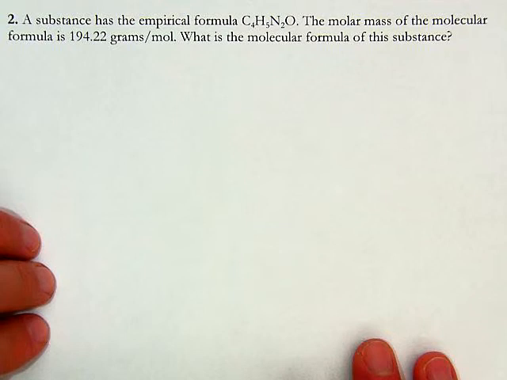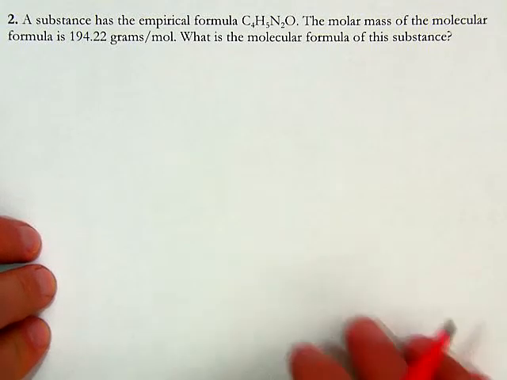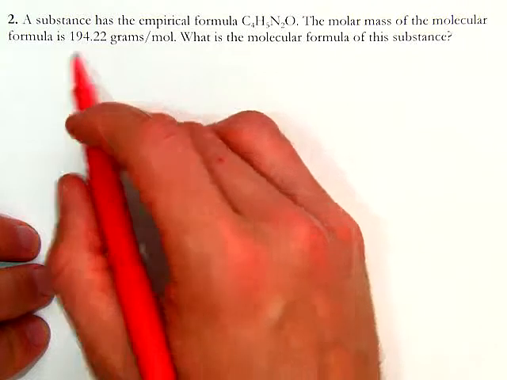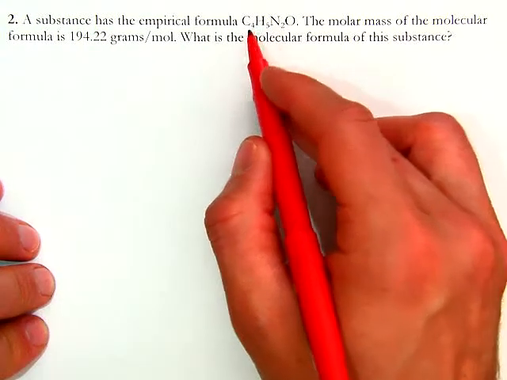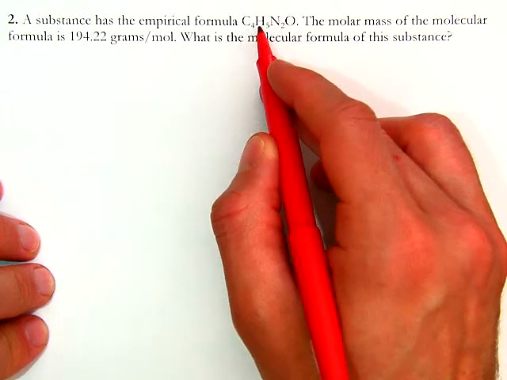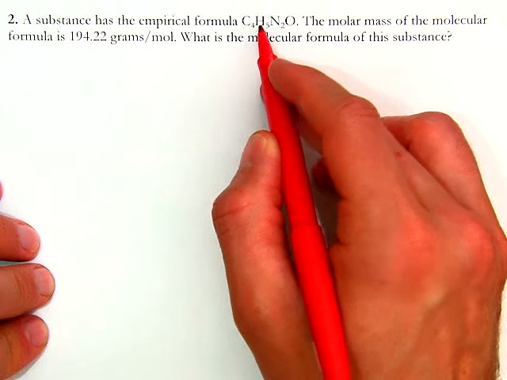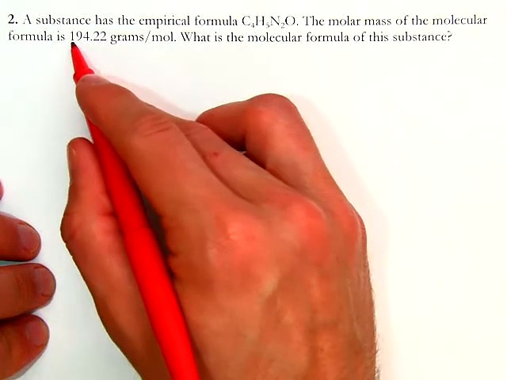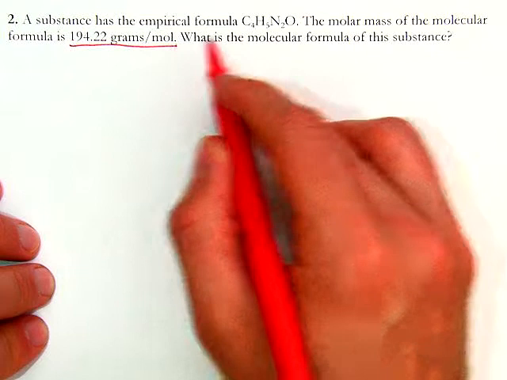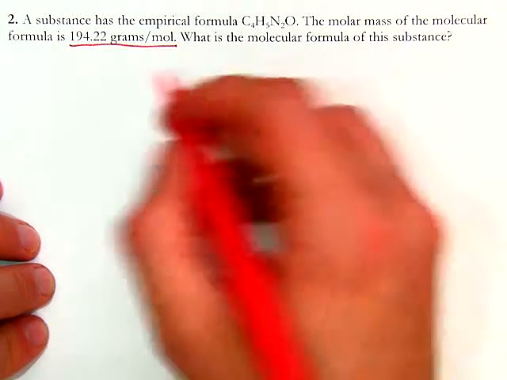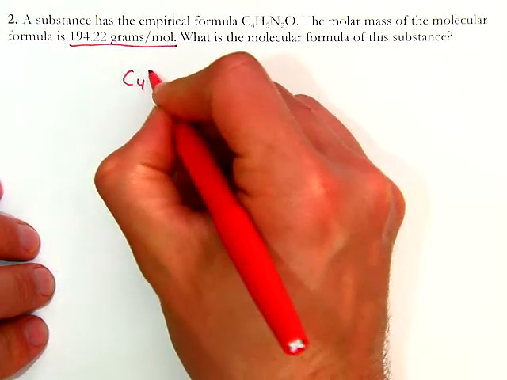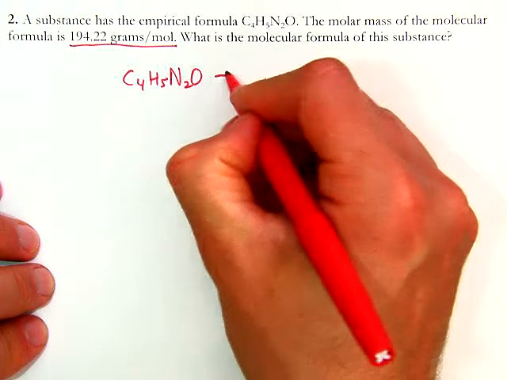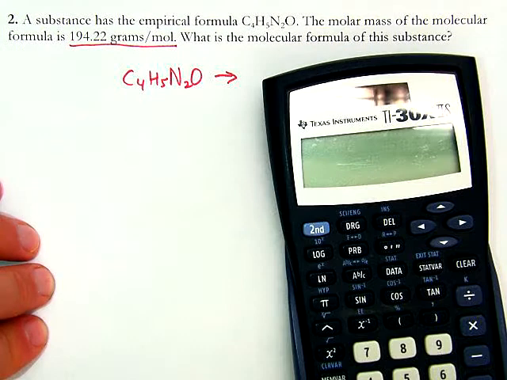I actually sort of did this by accident earlier in the lesson, but here it is. The substance has an empirical formula of C4H5N2O. The molar mass of the molecular formula is 194.22 grams per mole. What is the molecular formula? So C4H5N2O, if we add that all up, we find its molar mass, right?